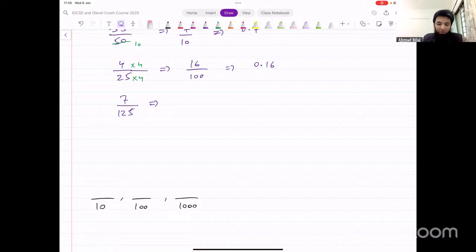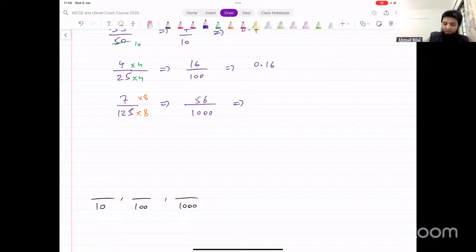So what you can do is, if you multiply the denominator by 8, that makes the denominator 1000. Now, you can't just multiply only the denominator. You have to balance that by multiplying the numerator by 8 as well. So 7 times 8, what does that give you? That is 56. 56 over 1000.